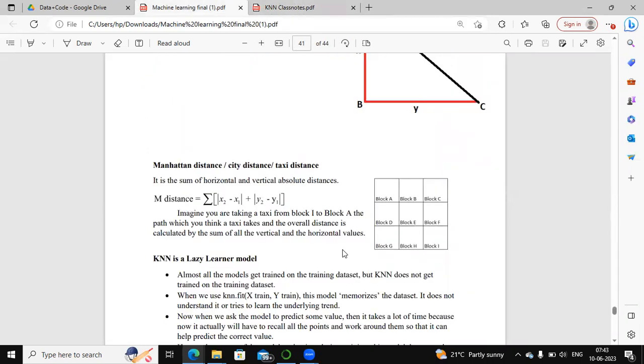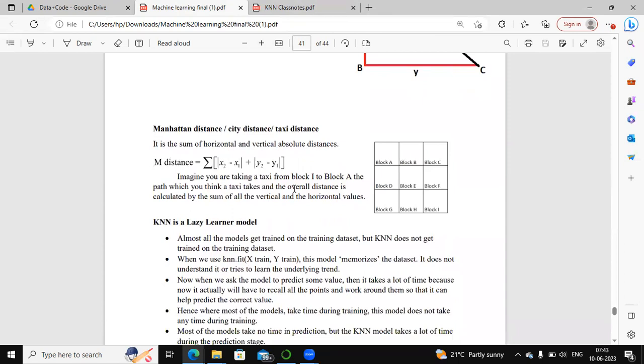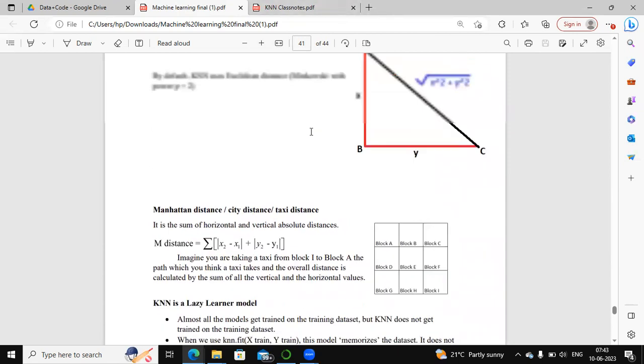So imagine you are taking a taxi from block I to block A, from here to here. The path a taxi takes, and the overall distance is calculated by the sum of all the vertical and horizontal values. So this is all about Manhattan and Euclidean distance.